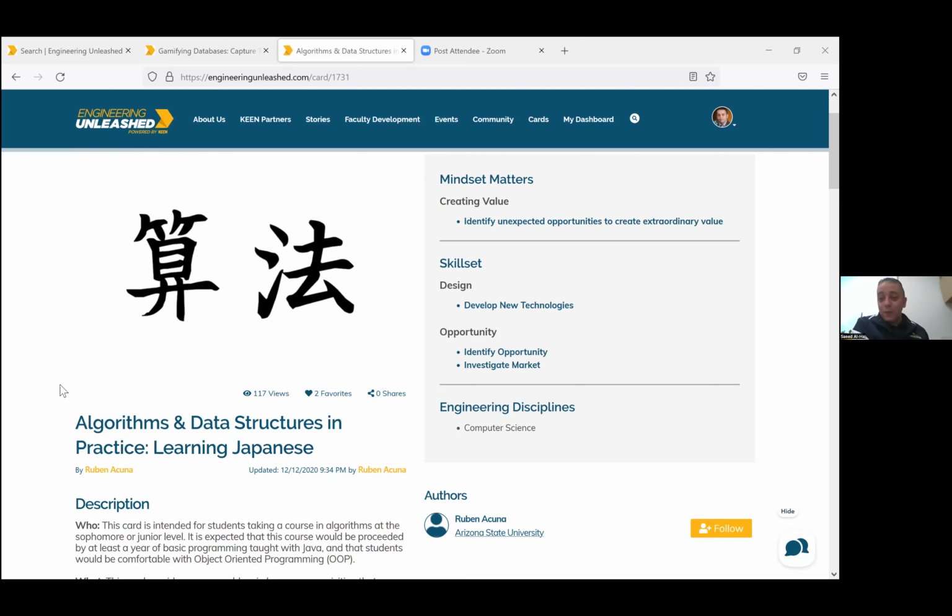And the interesting part, when you search and dive deep in Engineering Unleashed, is that it actually creates curiosity among educators. Okay, how can I find something unique and tie it with something I teach? And again, this is the 3 C's: curiosity and connection. And also you can create value by creating something that was not there before, by creating a new card.